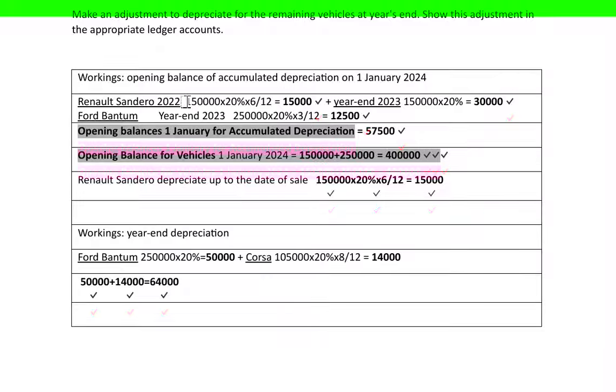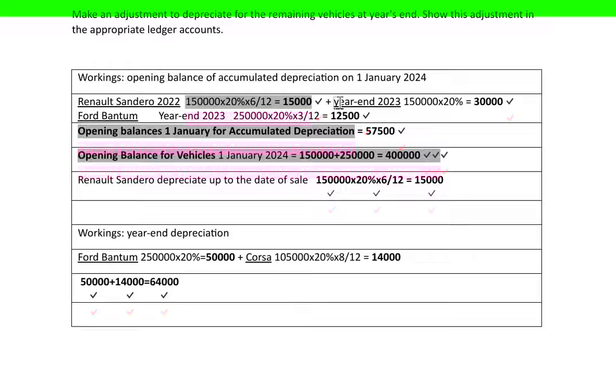So the Renault Sandero, you can look at the purchase date. We bought in 2022 and we had it for 6 months. So 150,000 times 20% times 6 over 12 is 15,000. That was in year 1 that we had the Renault Sandero.